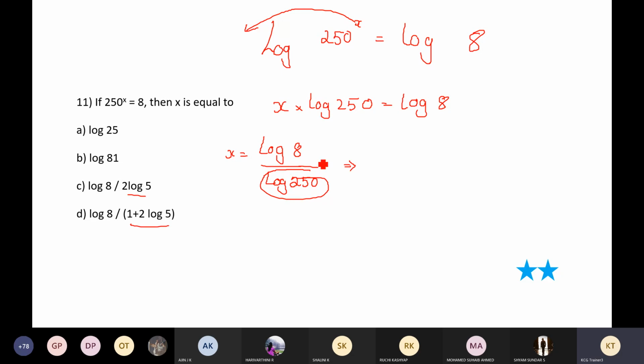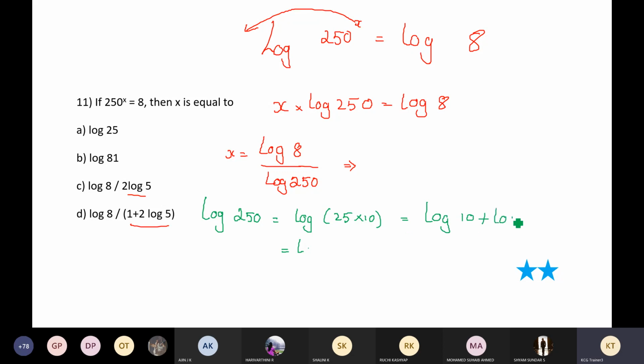Okay, let's just worry about the denominator alone for a second. I'm not going to write the numerator part at all. The log of 250. So can I say this is actually log of 25 into 10? So this would actually be log of 10 plus log of 25. Okay.